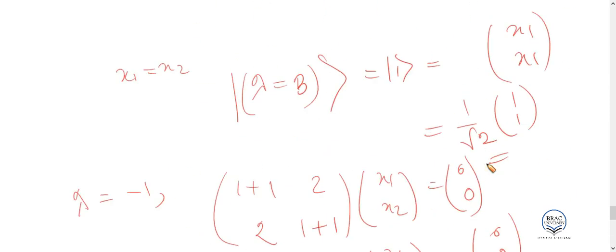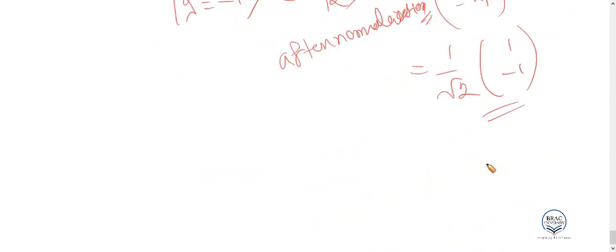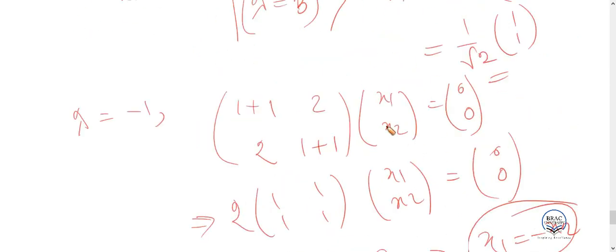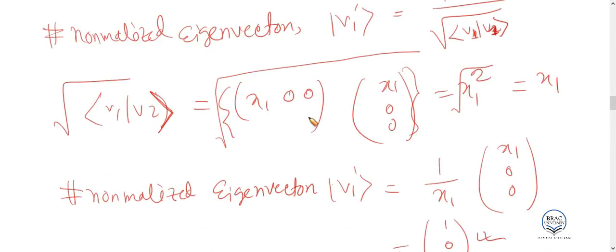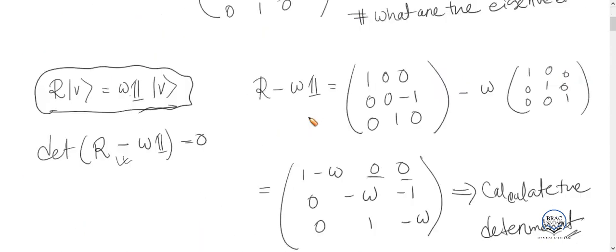So this is how you can find eigenvalues and eigenvectors of a given operator that is represented with a matrix. And you might ask, why are we writing this x1 and x2, right? Because if you just look at our eigenvalue equation, this one here we are writing in terms of the abstract notation. But since we are dealing with a finite dimensional case, we can represent our operators as matrices and our kets as column vectors.